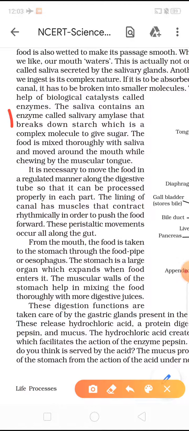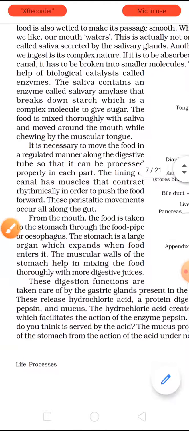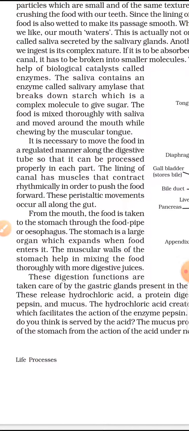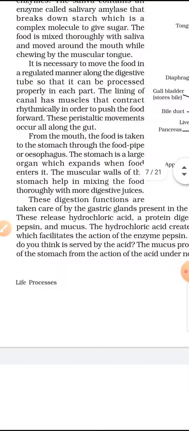And what will it do? It breaks down starch, which is a complex molecule, to give sugar. Okay, the food is mixed thoroughly with saliva and moved around the mouth while chewing with the muscular tongue. Okay, so this we did.